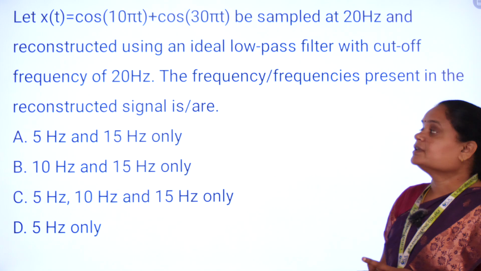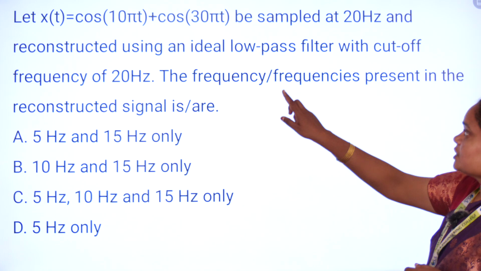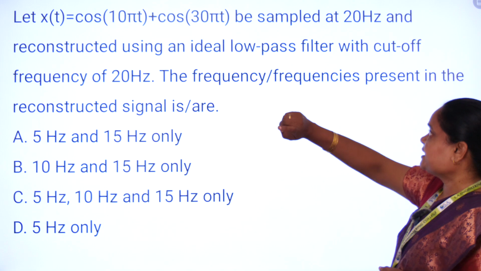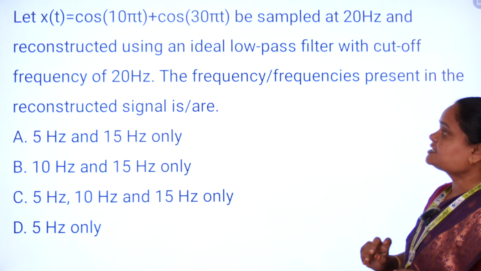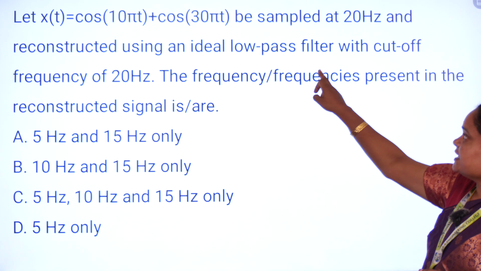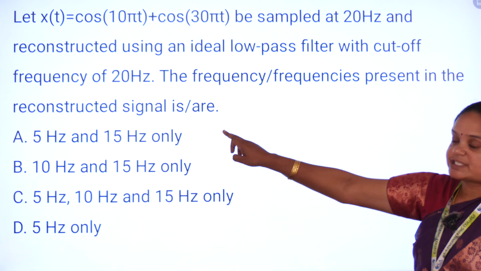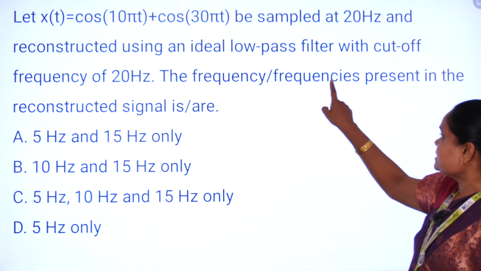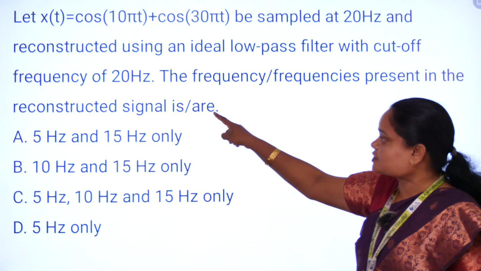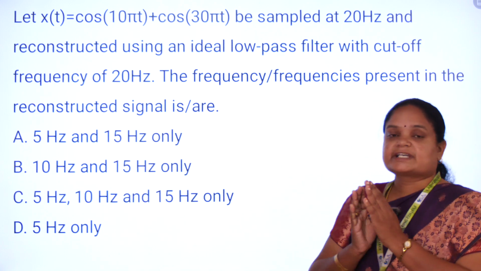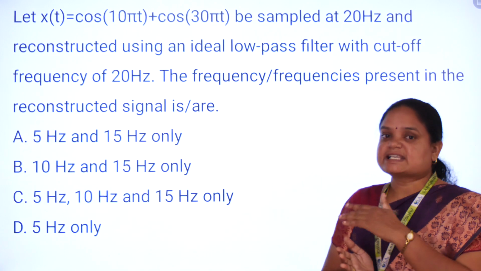The third question: x of t is equal to cos 10 pi t plus cos 30 pi t, sampled at 20 hertz and reconstructed using an ideal low pass filter with a cutoff frequency of 20 hertz. The frequencies present in the reconstructed signal are, so the reconstruction follows the sampling theorem.